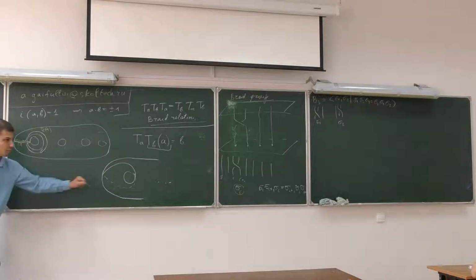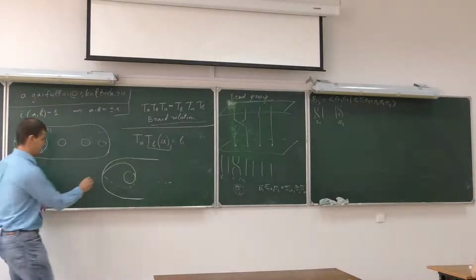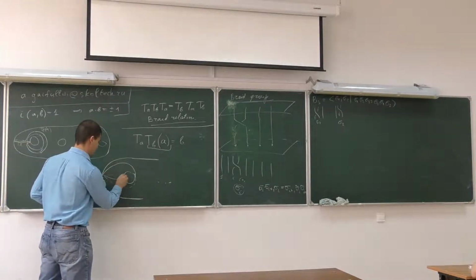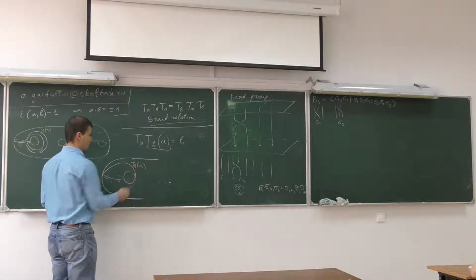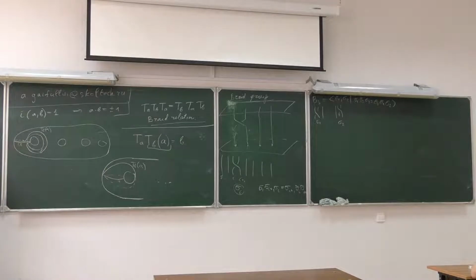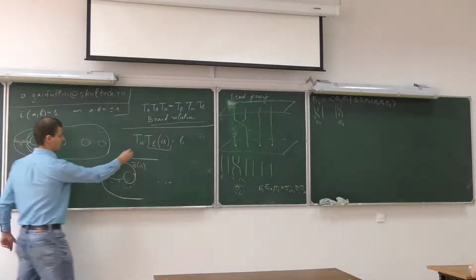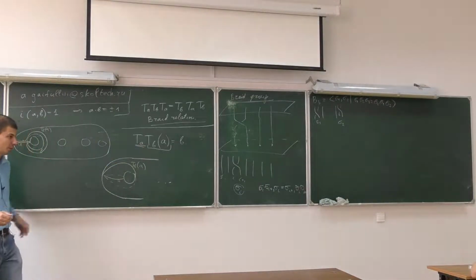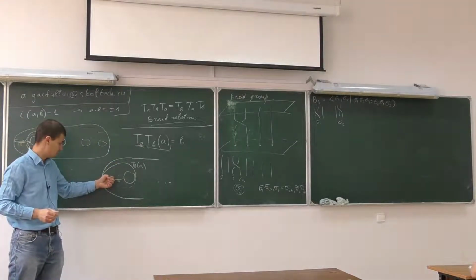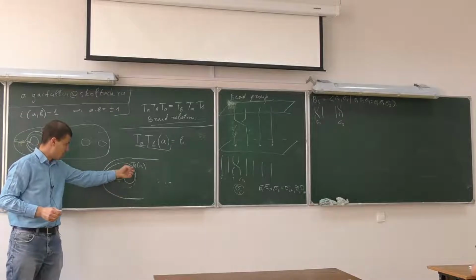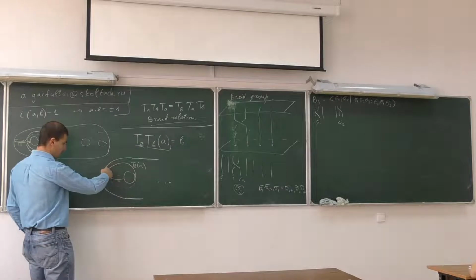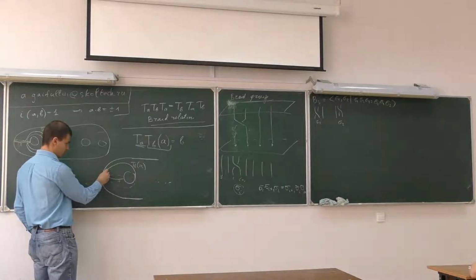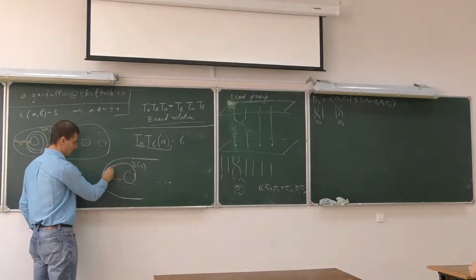That one is isotopic to this one, and this is A, and this is T_B of A. And now I would like to apply this Dehn twist T_A to the curve T_B of A. So we go along T_B of A, and we go left when we approach A. So we go in this direction.